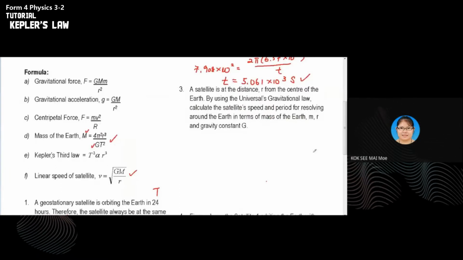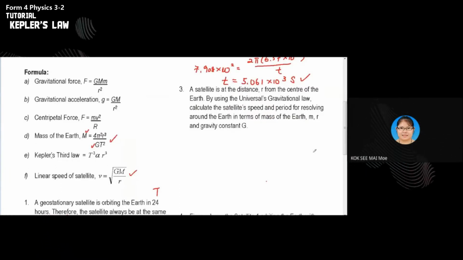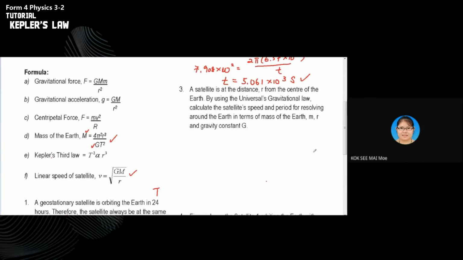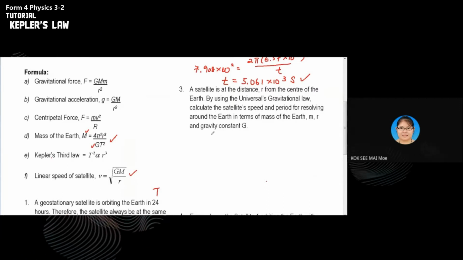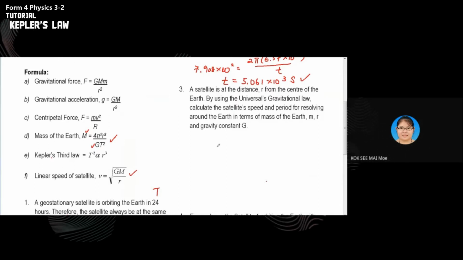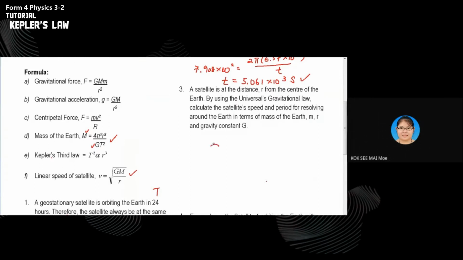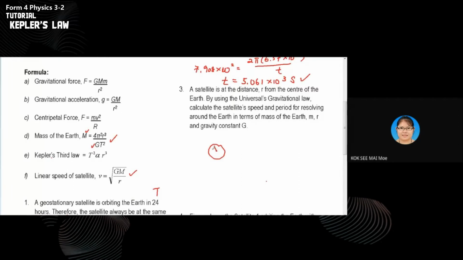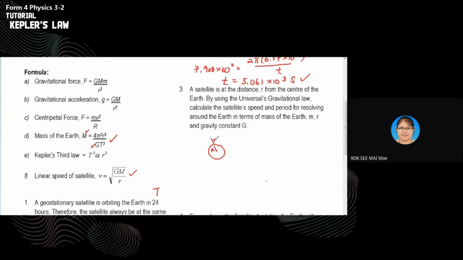Okay, a satellite again at a distance r from the center of the Earth. So this means the satellite is not on the surface. It has a distance r from the center of the Earth. So this is Earth, this is the radius r, and the satellite is here.